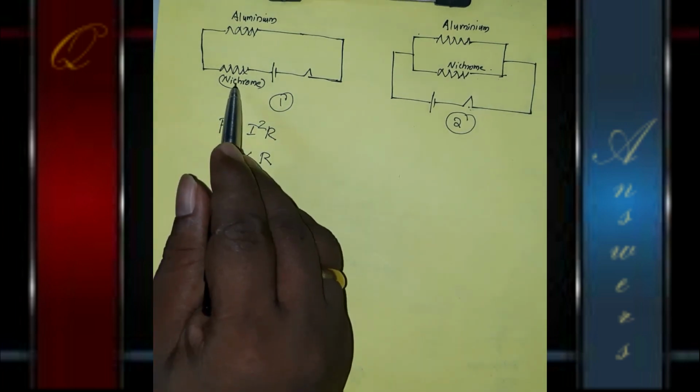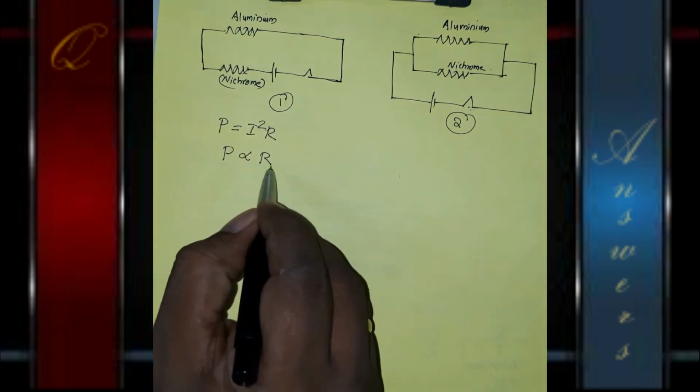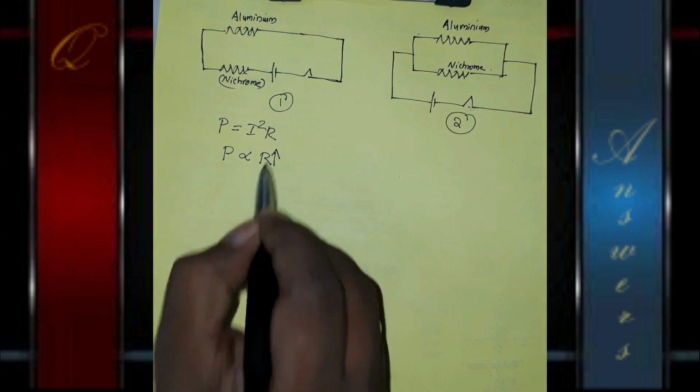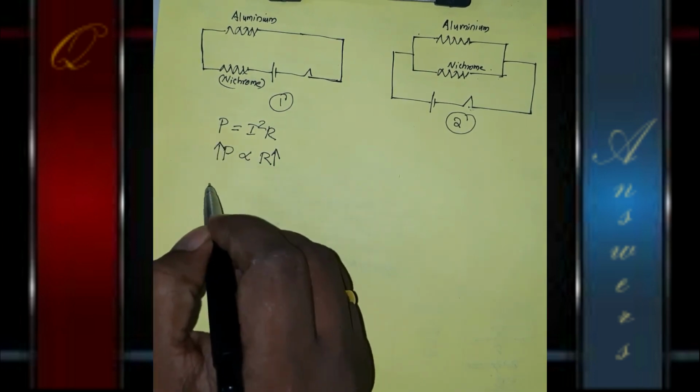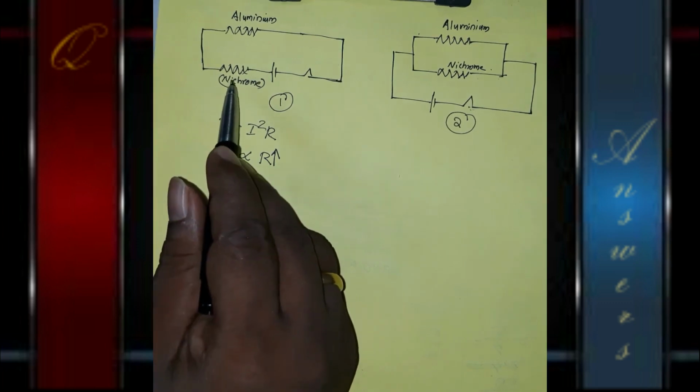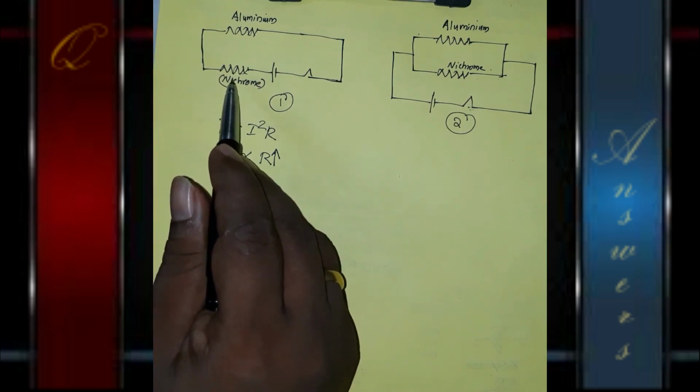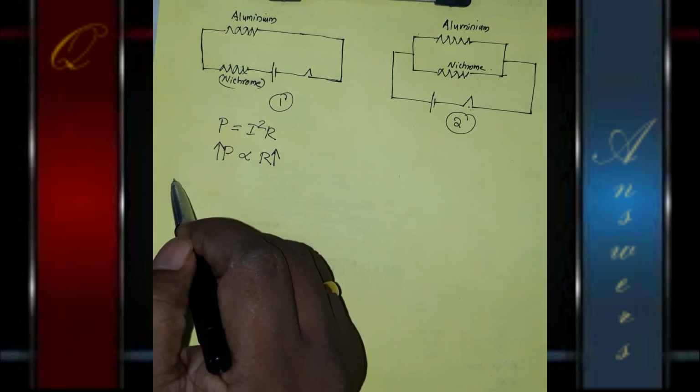As nichrome has more resistance, power will be more here, which means that more heat will be developed in this circuit.